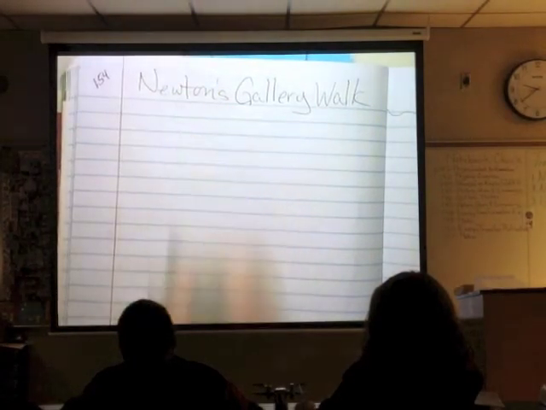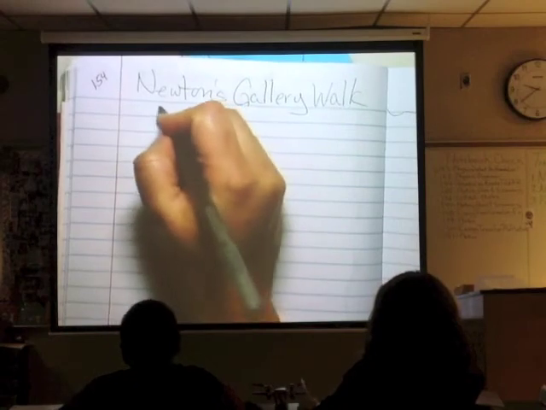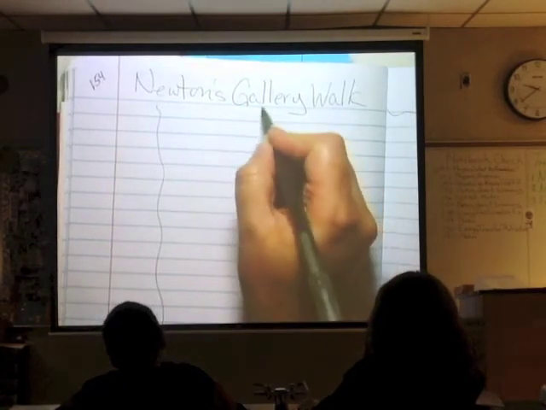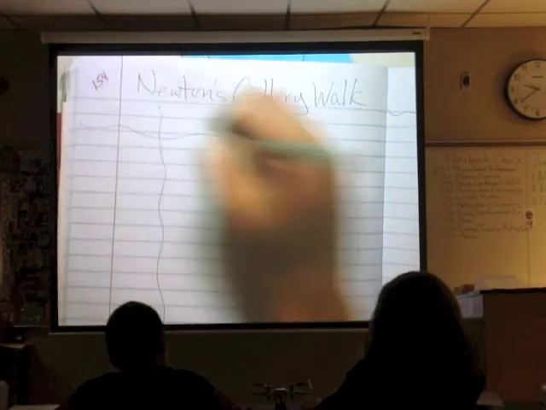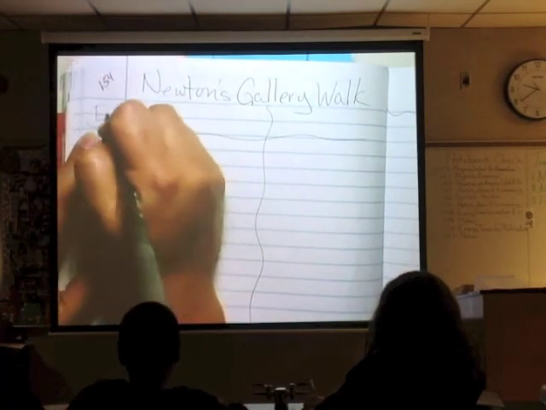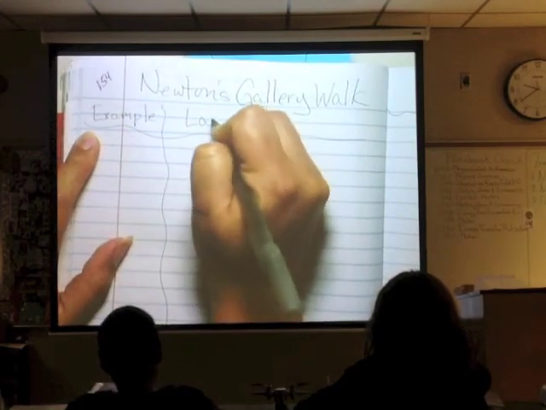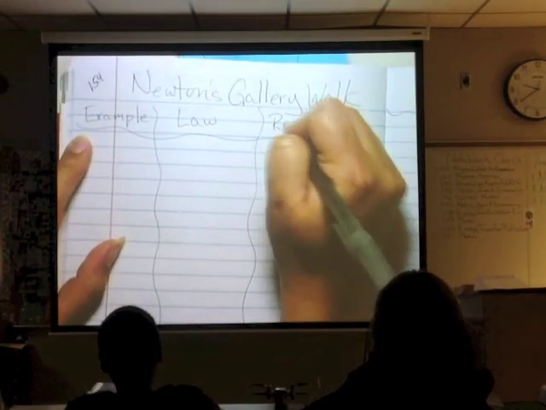And you need three columns. If you want to do it this way, you can. If you want to do it the other way, it doesn't really matter to me. Alright, so right here you're going to put example, law, reasoning.